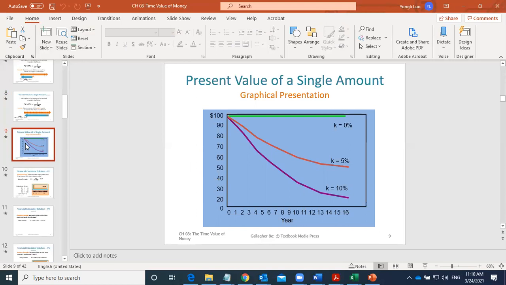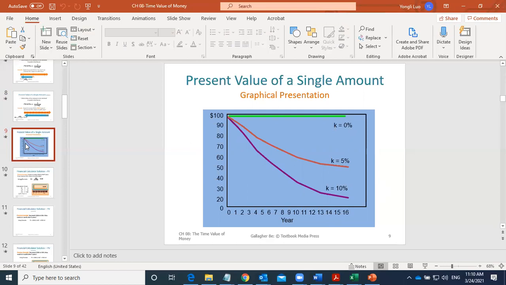The present value of a single amount. Let's see how much money you need to put in today, or how much it is worth today, based on the required rate of return or interest rate. If the rate is 10%, basically you have to put in, let's say for 15 or 16 years, around $20, and then you can get $100 about 16 years later, right?